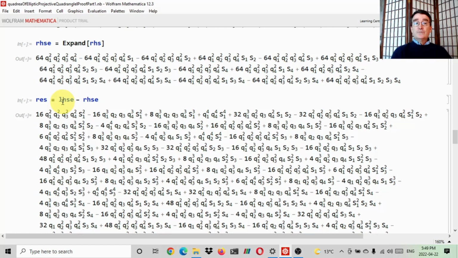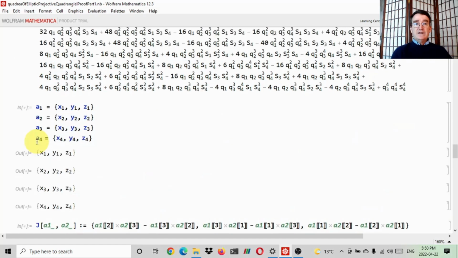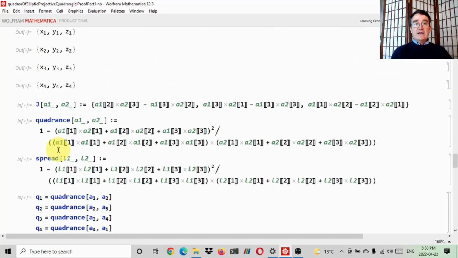And here we're defining 3 functions. The join of 2 points, j of A1 and A2, is given by this expression. Now we're using the quadratic form for spherical geometry in this join expression. Similarly, for the quadrance between 2 points, A1 and A2, we're using the quadratic form for elliptic geometry.